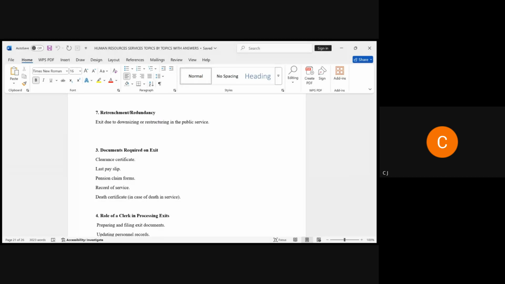So najua maybe the wife alipeleka pale clearance certificate yake, last pay slip, pension claim forms, record of service, death certificate, alipeleka hiyo, so that aweze kupata hizo benefits, yani for the family.